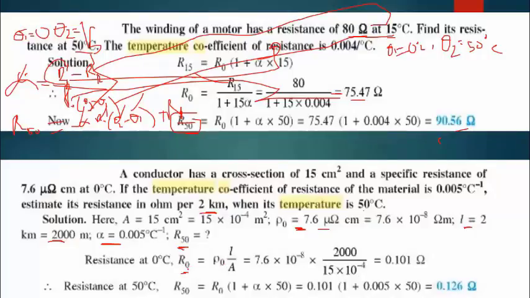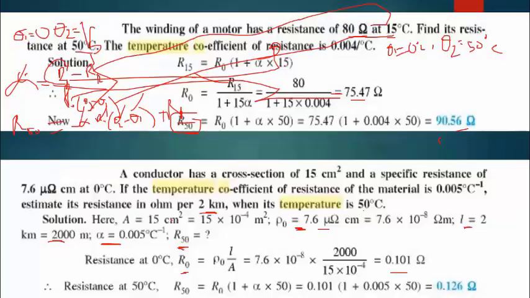So the resistance at 0 degrees centigrade is equal to the resistivity at 0 degrees centigrade, which is 7.6 times 10 power negative 8 ohm meter, times length, 2000 meters, divided by the cross-sectional area that we are given, and we get a resistance of 0.101.